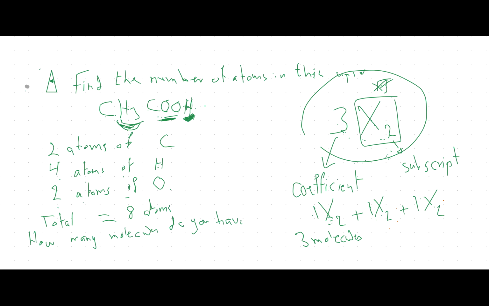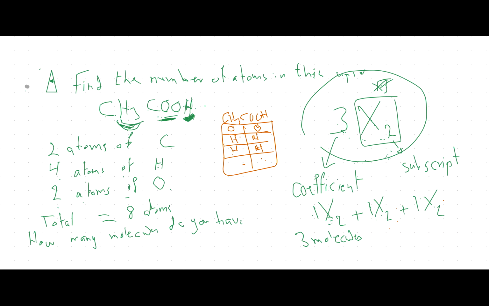This is a brand of chocolate, CH3COOH, which is acetic acid. When you go inside it, you find this is the number of atoms. This is the chocolate. You have oxygen, hydrogen, and carbon. This is the box of chocolate.